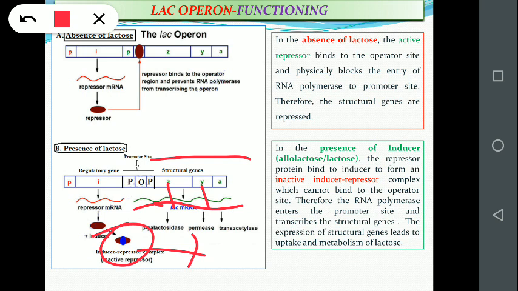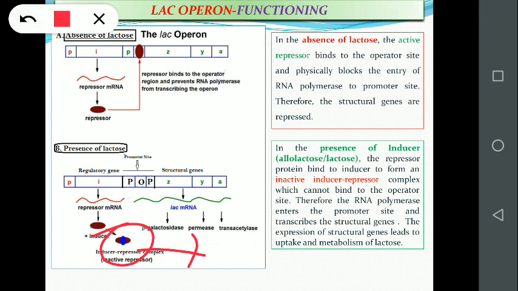Polycistronic means poly means many, cistron means genes. So more than one gene is transcribed as a unit, and it forms a large mRNA molecule. That mRNA molecule is called a polycistronic mRNA.